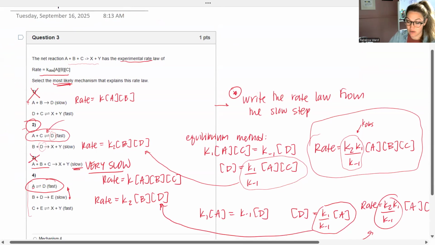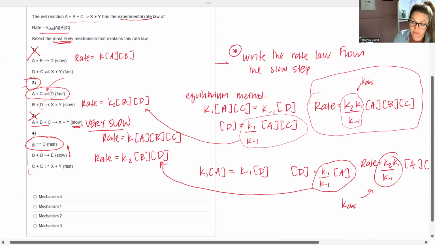So that's also not correct. Notice it actually has the same rate law as 1, but with a different K value, but that's not right either. So I'm looking for mechanism 2 as our correct answer.